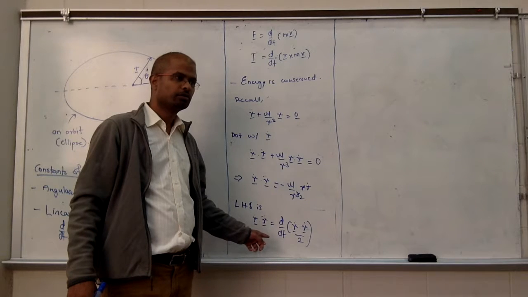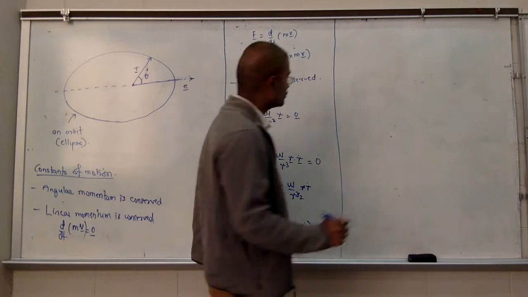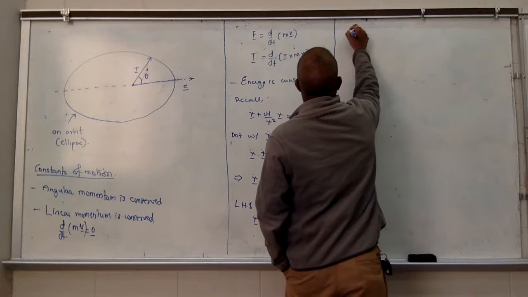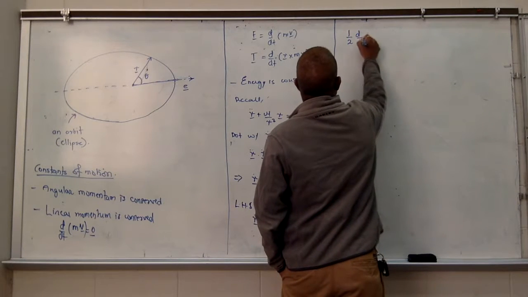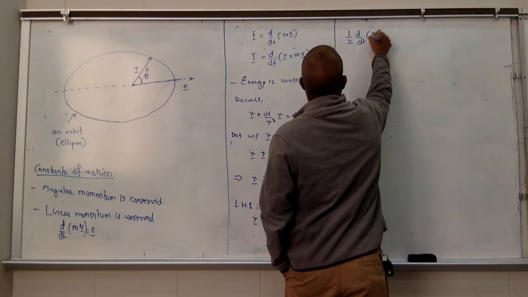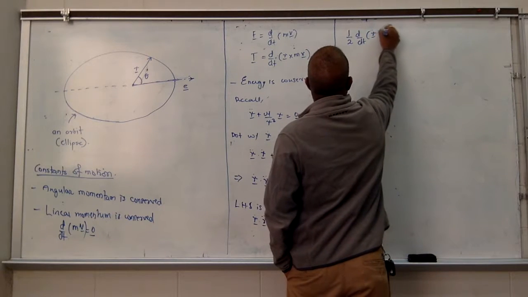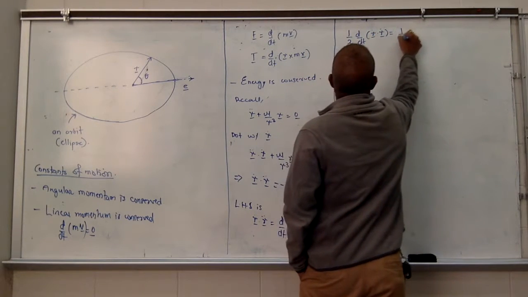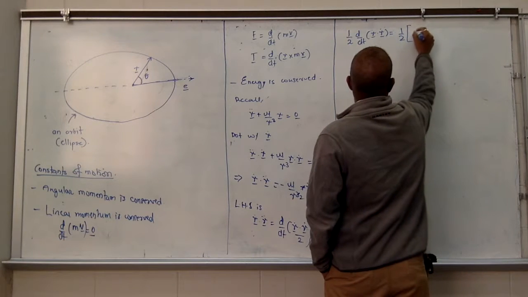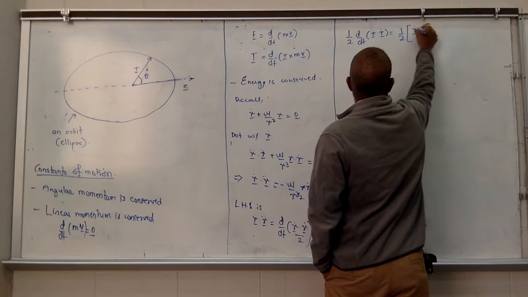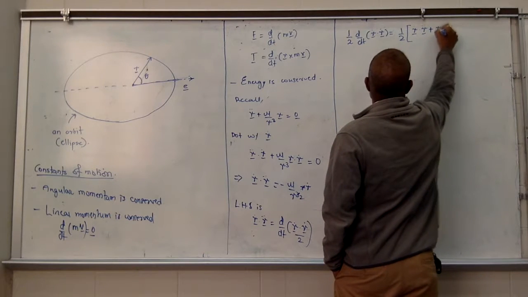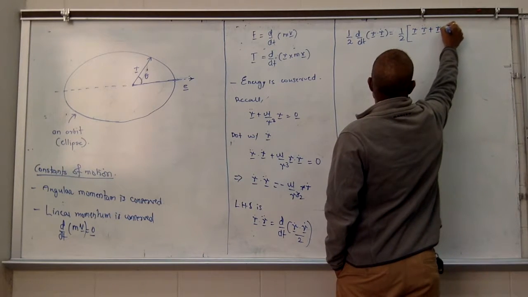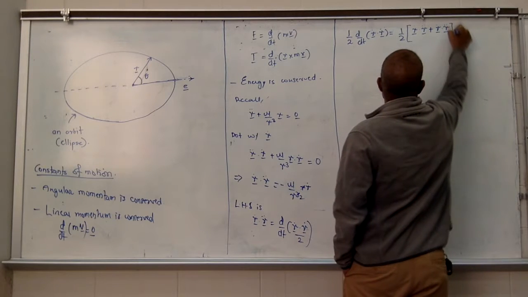You understand? You should write it out. So it's half d over dt of R dotted with R, it's half R dotted with R double dot plus R dot R double dot.